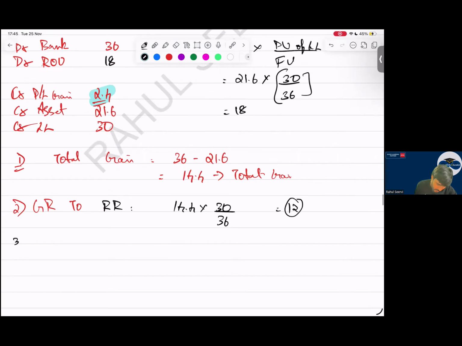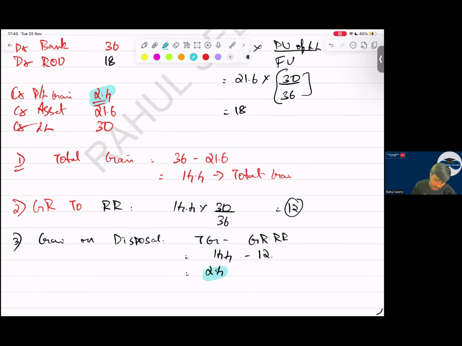So can I say what is the gain on disposal? The gain that relates to disposal is total gain minus gain relating to right retained. That is 14.4 minus 12, sir. If you do this, you get 2.4. Whether you use this method or the journal entry method, your answer will be the same.